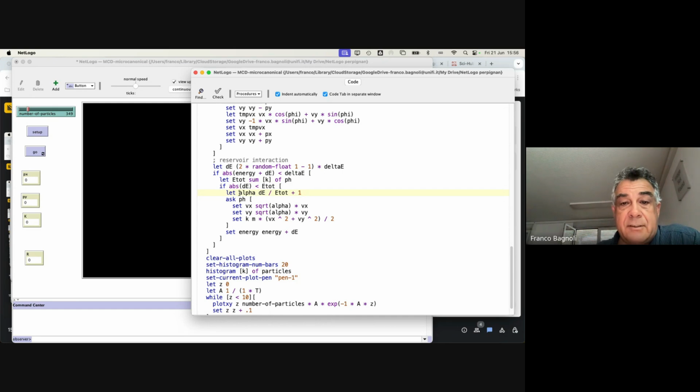And since the energy is the sum of vx squared plus vy squared, you have to multiply each velocity by the square root of this coefficient alpha.